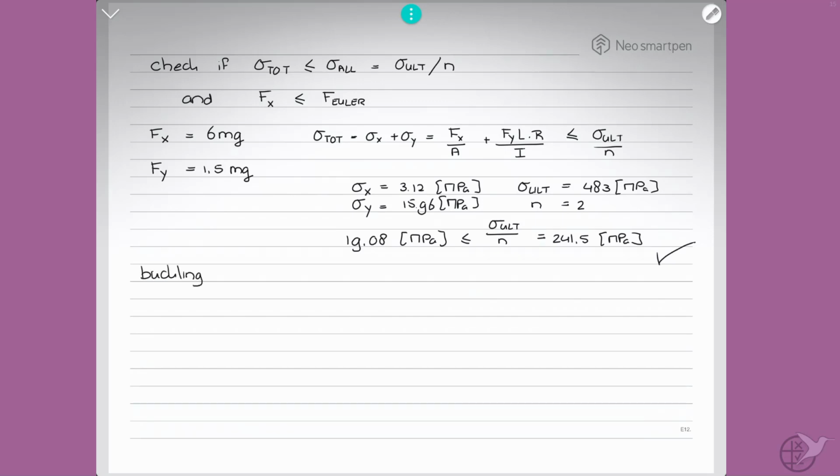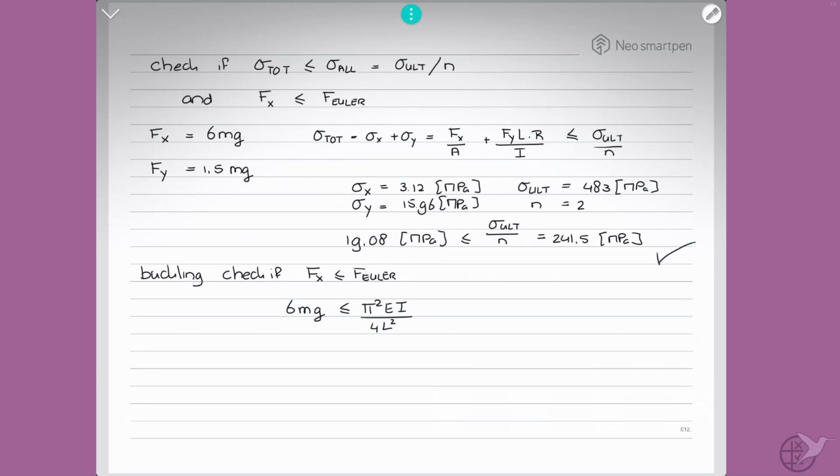Now for buckling, we must check if Fx is smaller or equal than F Euler. Now we know what Fx is, that is 6 mg. So that must be smaller than pi squared times EI over 4L squared.